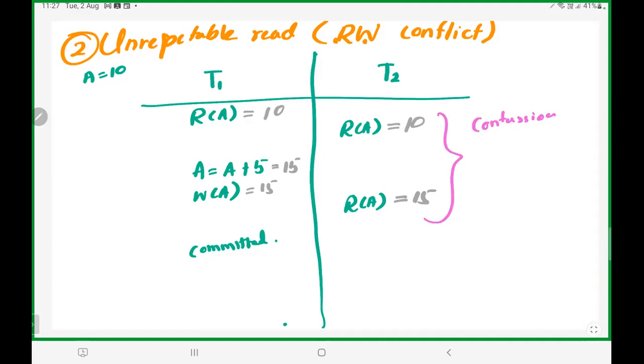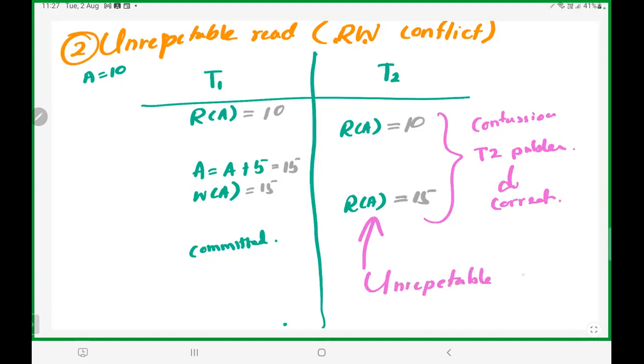So T2 has a problem identifying which one is correct. Is the first A correct or the second A? That is an unrepeatable read.